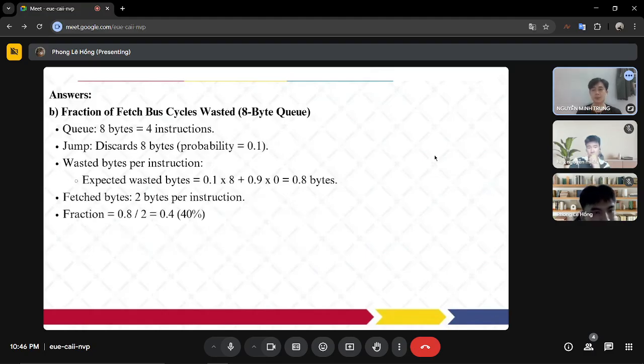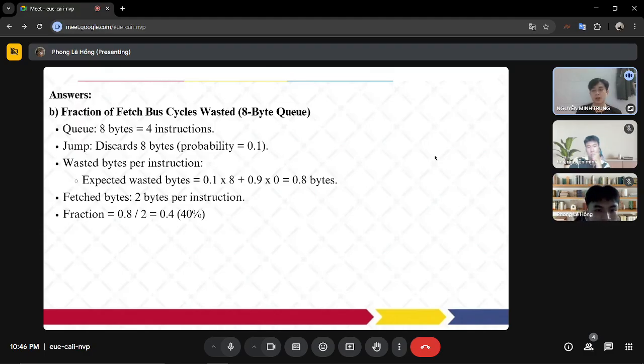B. Repeating for the instruction which is 4 bytes long, we discard 4 bytes per instruction.